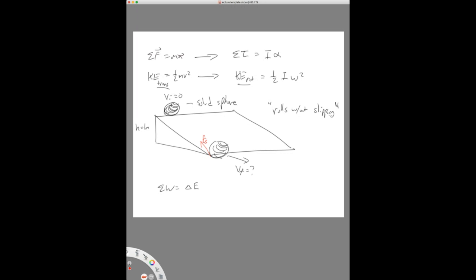But it is static friction because it's not slipping. If it's slipping, then we have kinetic friction. So static friction doesn't do work because the part of the surface that's in contact does not move. And that's hard to visualize. You kind of have to almost zoom in with a microscope.